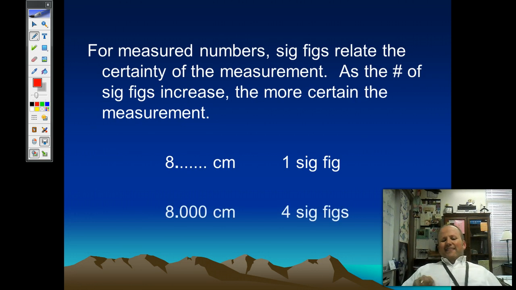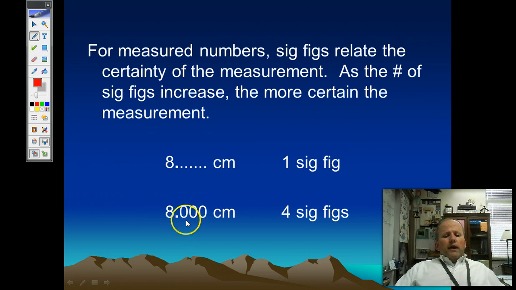But if we get this measurement, we are using an amazing ruler, first of all, because we now know this is a ruler that probably goes to the 100th of a centimeter, and we even can estimate the 1,000th of a centimeter.